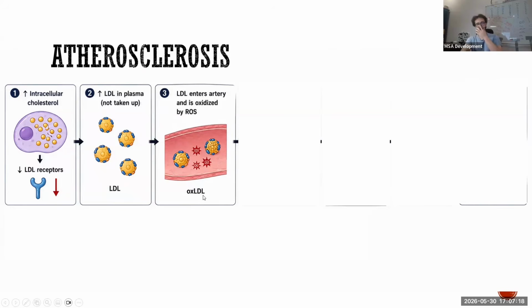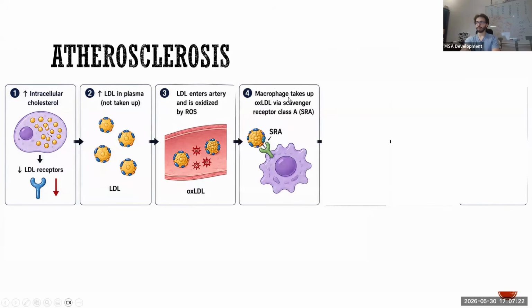And there is a problem. Macrophages have certain receptors called scavenger receptor class A, SRA. Their only task in the world is to take up specifically oxidized LDL. When too much oxidized LDL builds up, the macrophage will come and, through the scavenger receptor class A, take up this oxidized LDL.